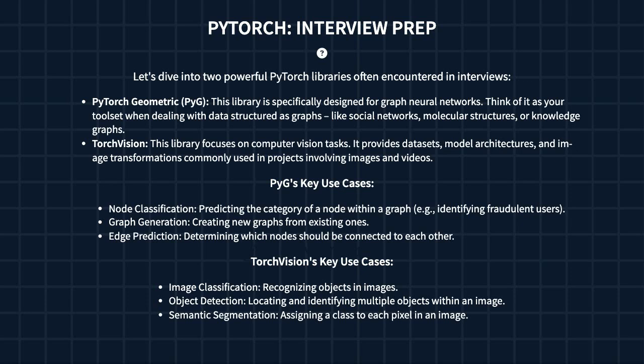Then there's TorchVision, which is dedicated to computer vision. That means it provides everything you need for tasks like recognizing objects in images, detecting them, or even understanding what each part of an image represents. Essentially, PyG handles graphs and TorchVision handles images, both of which are hugely popular in the deep learning world.